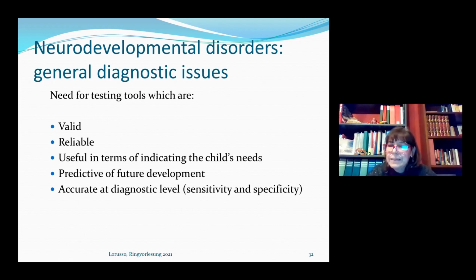Sensitivity is the ability to detect those children who really have a problem, and specificity is the ability to not include or not diagnose children who don't have a problem. So we must be sensitive to the presence of the problem, but only to the presence of the problem, not leading to false diagnosis of a problem when the problem does not exist.